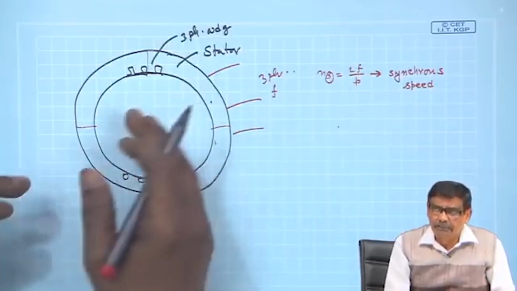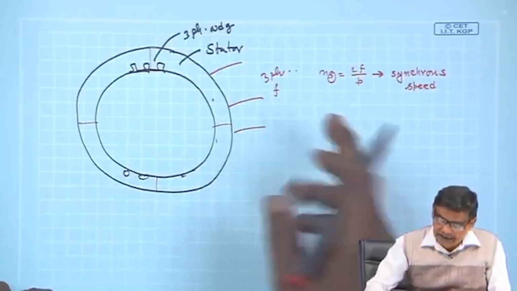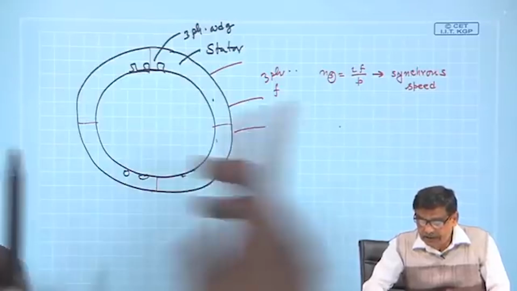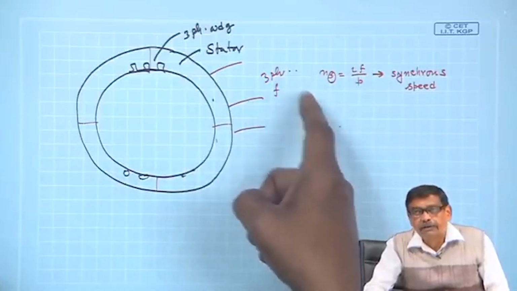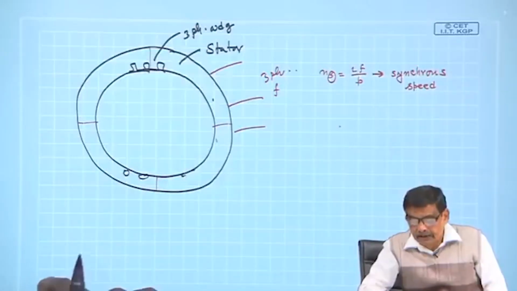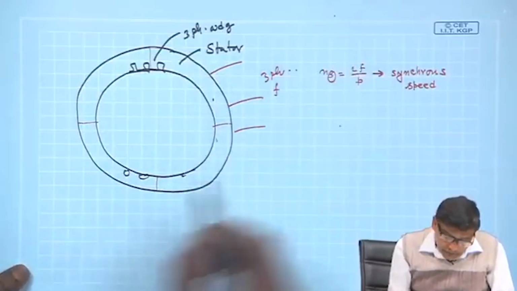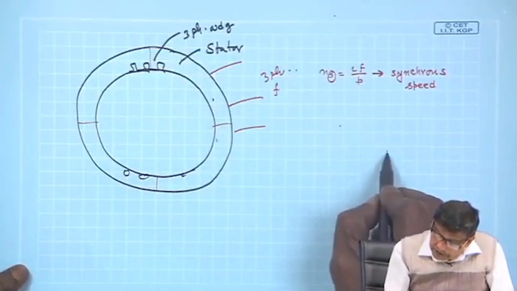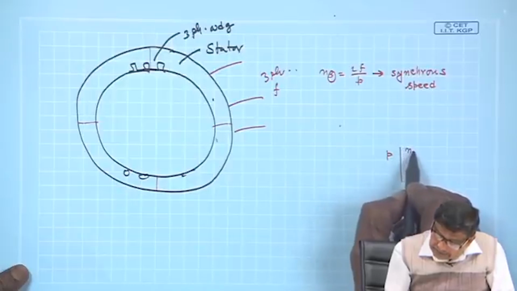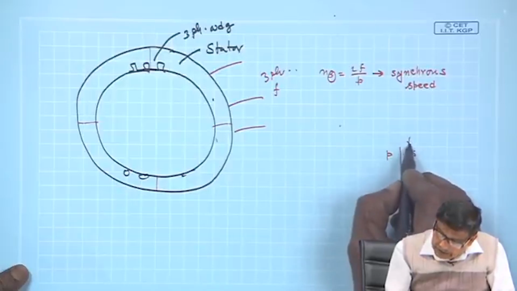Number of poles is machine thing, but essentially for a given machine, supply frequency decides what is the value of the synchronous speed.